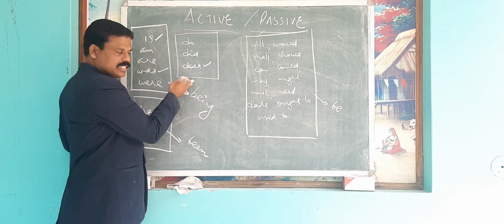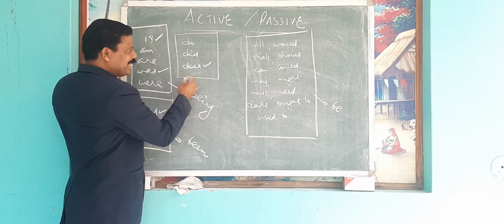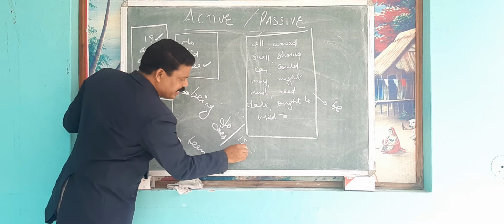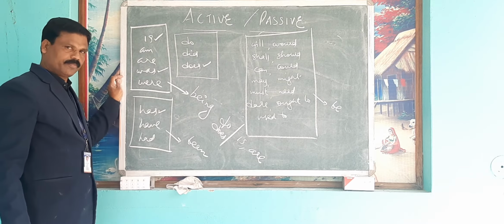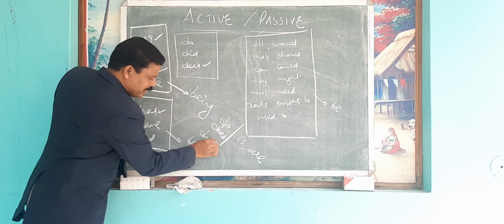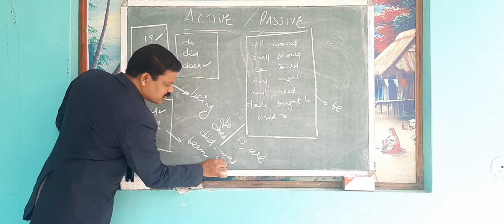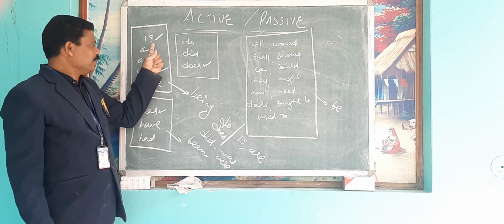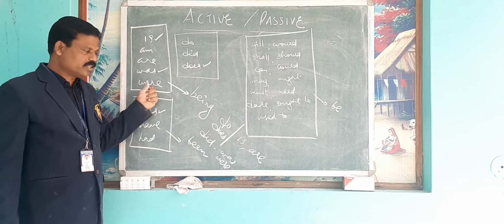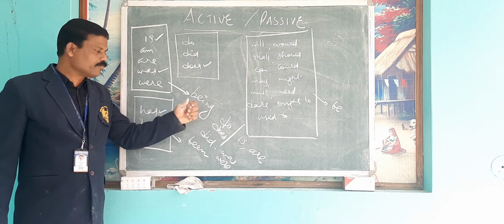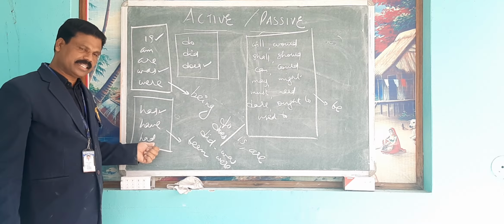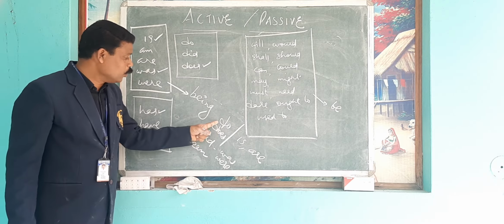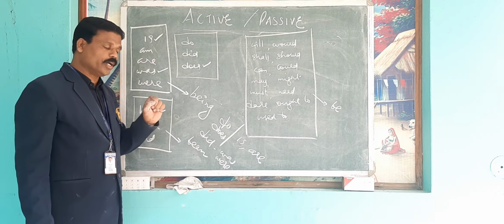Do and does are replaced: instead of do and does, use is and are. Did is replaced: use was and were. Remember, with is, are, was, were we add being; with has, have, had we add been; with modals we add be. But with do, did, does we do not add anything.